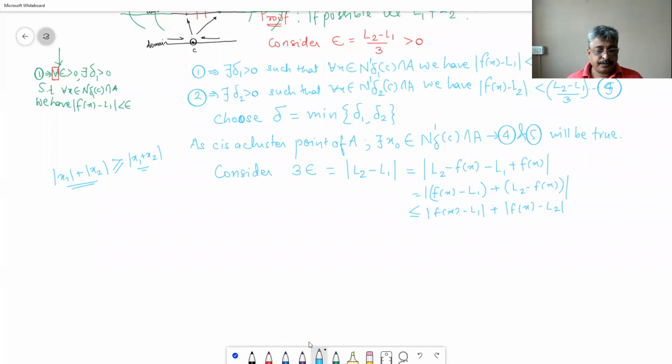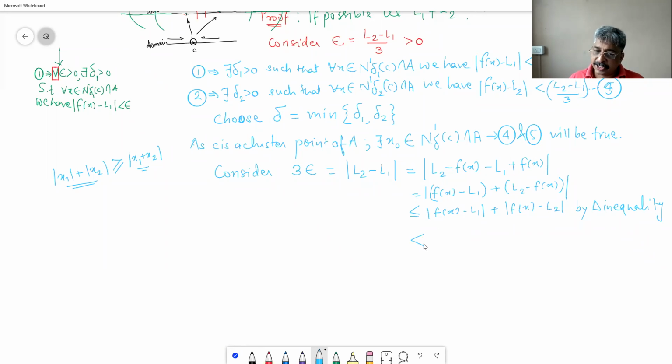But f of x minus L1 is less than epsilon.